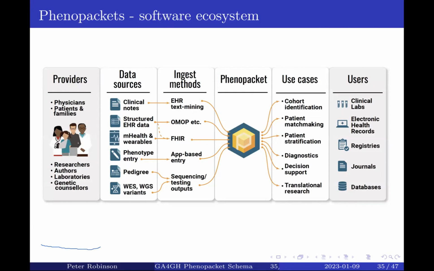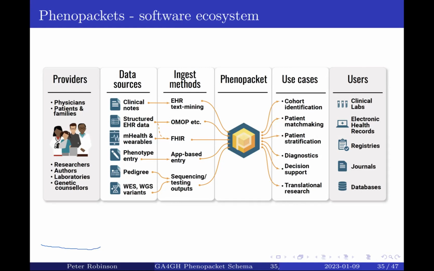But so Phenopackets can be created from a number of input sources, including electronic health records. We have software now to essentially transform OMOP, which is a research database for EHR data. I'll show you a little bit about the FHIR version of this.